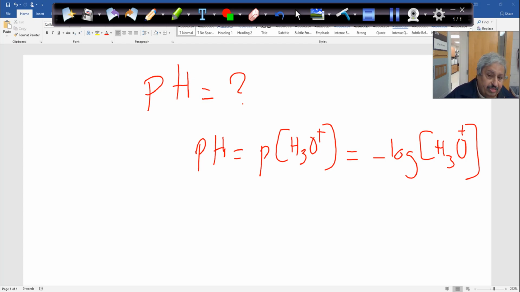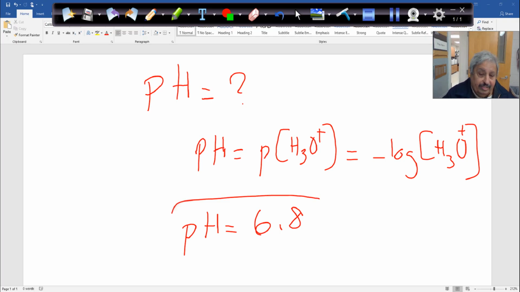So let's look at the solution that has the pH of 6.8, correct? What will it be: acidic, neutral, basic? What is this?